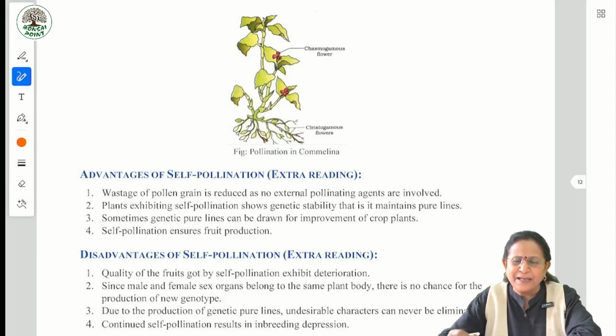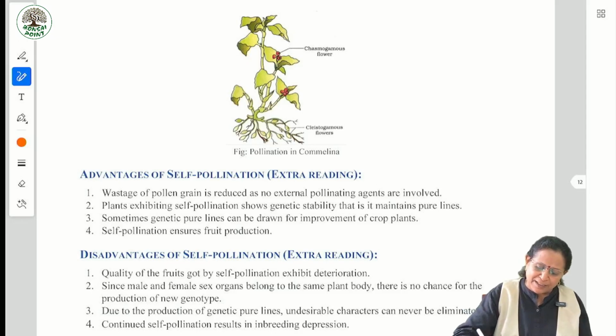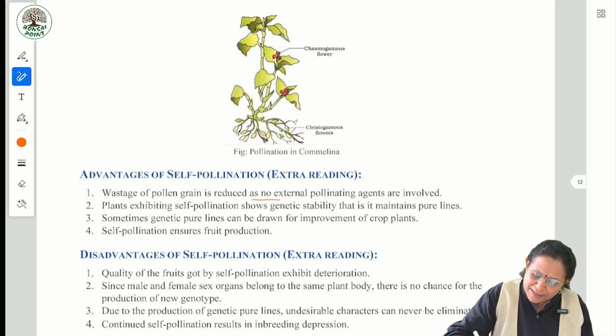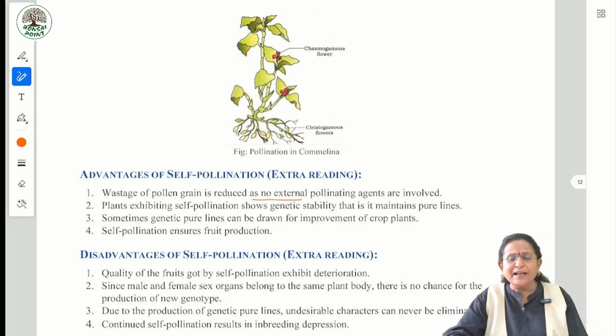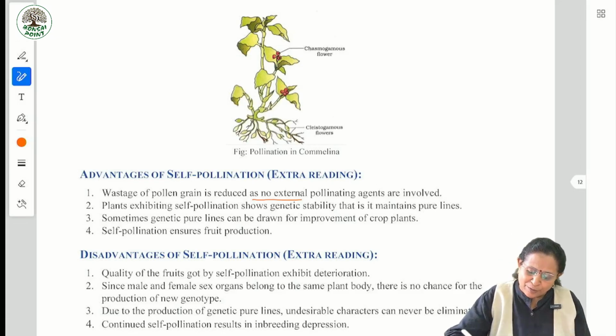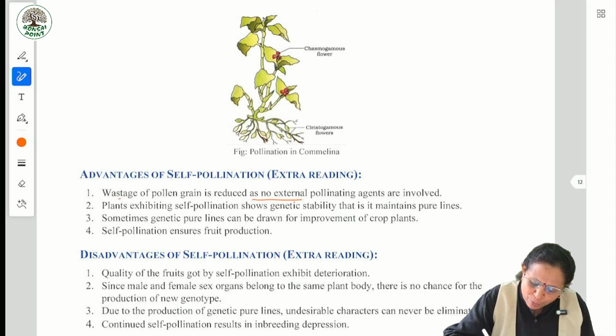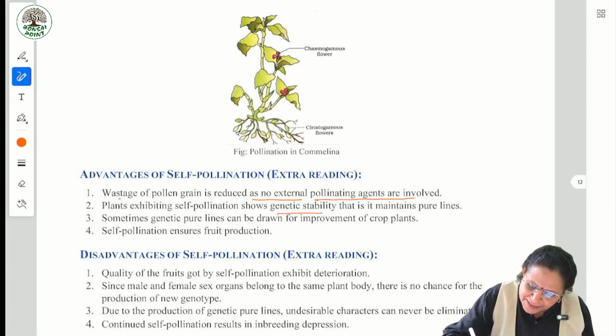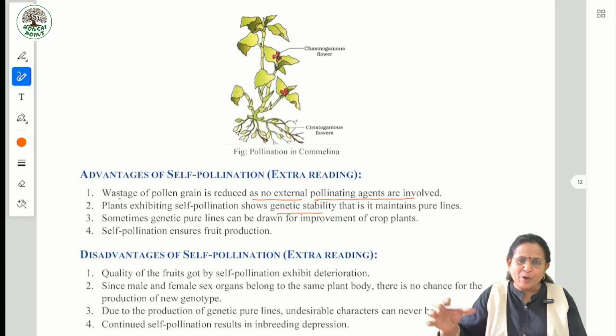This is a bit extra, not there in your syllabus, but they can ask it in NEET. Advantages of self-pollination: wastage of pollen grain is reduced, as no external pollinating agents are involved. Plants exhibiting self-pollination show genetic stability, that is, it maintains pure lines.